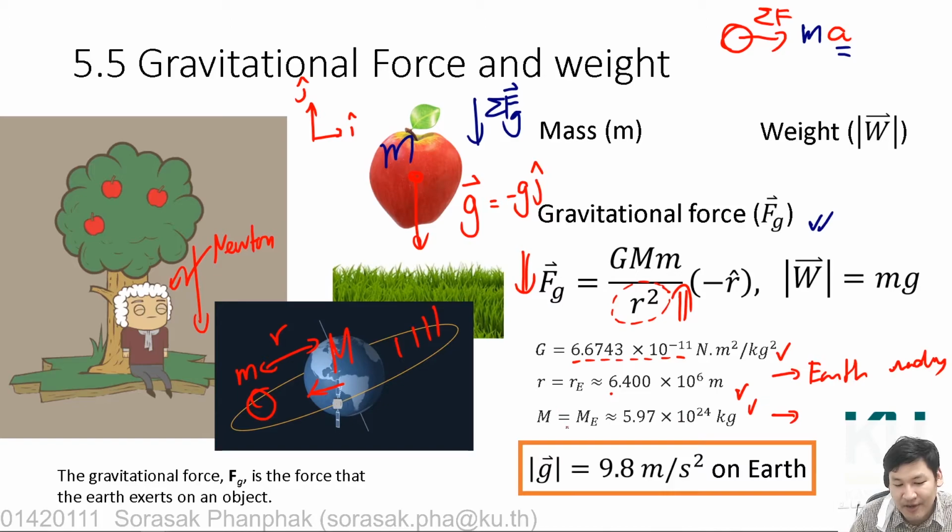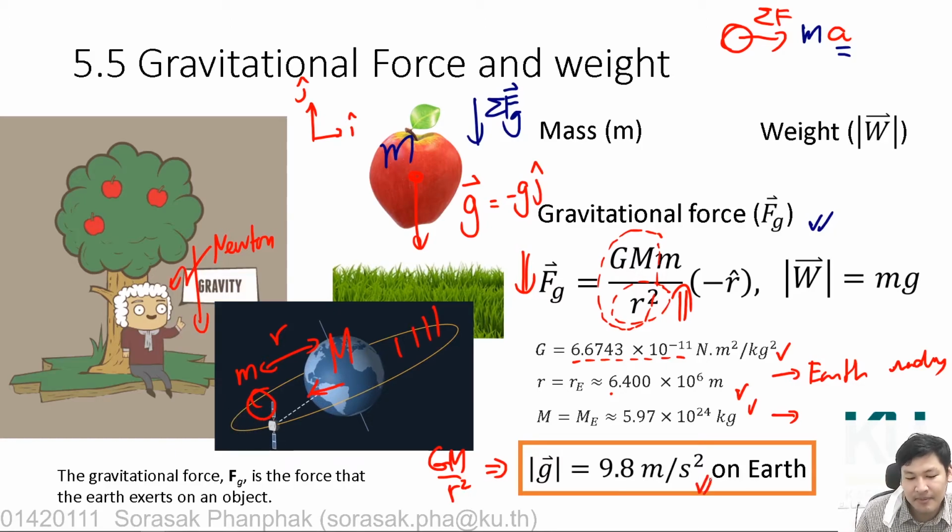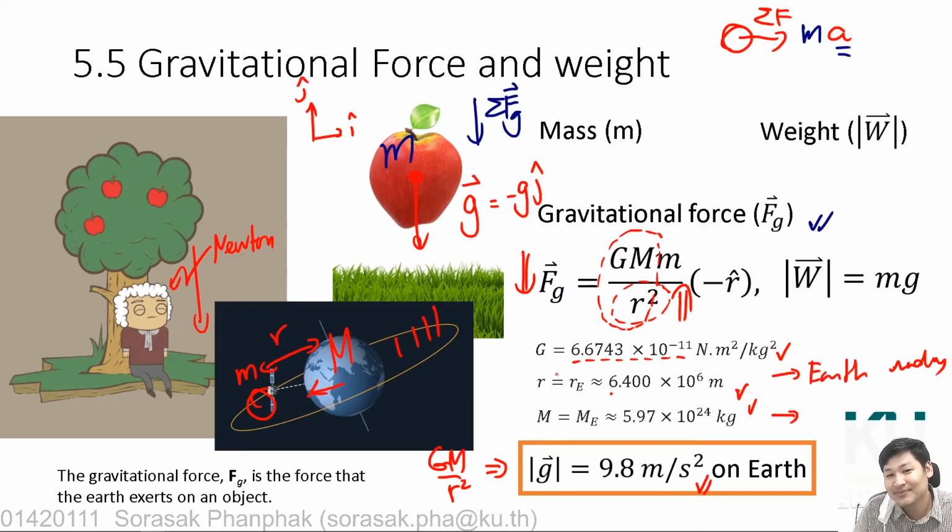You can find the constant of this term here, G M_E over r square, which is equal to g. So the magnitude is 9.8 meters per second square. This is the gravitational acceleration on Earth.